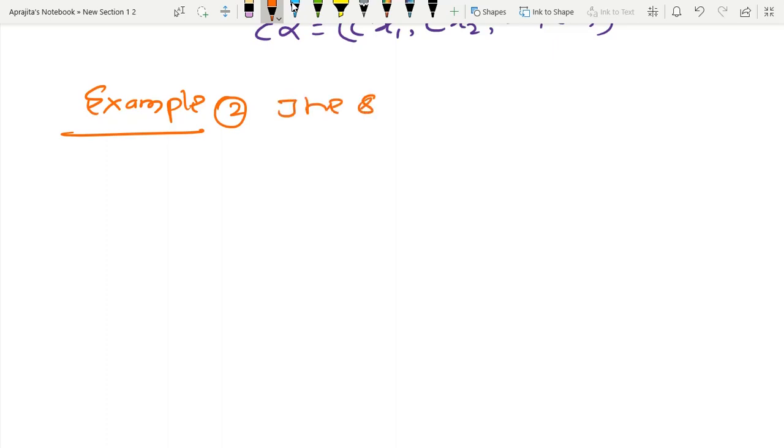The space of m cross n matrices, and this space we are going to denote by this.